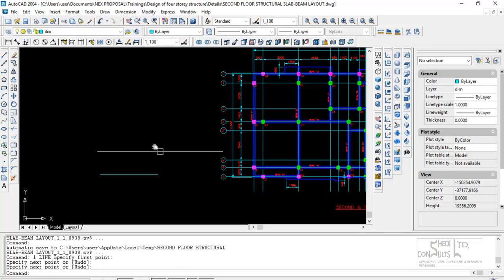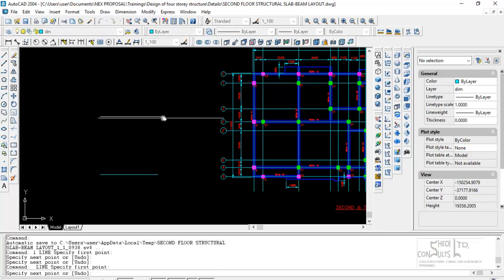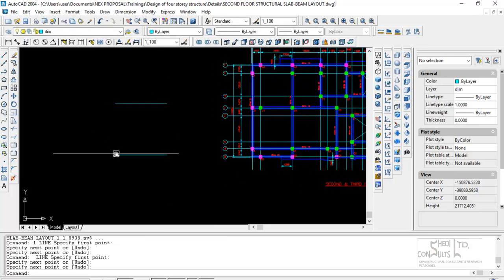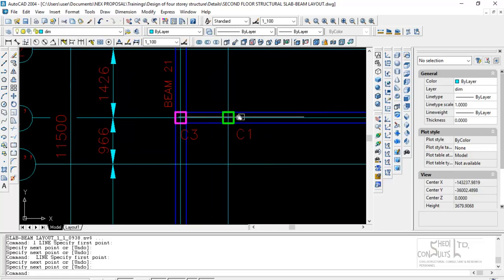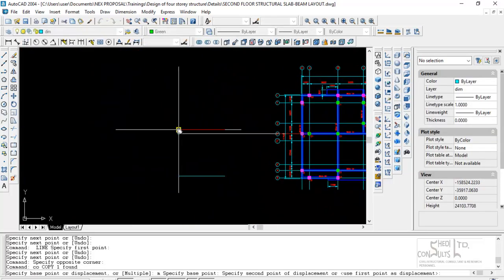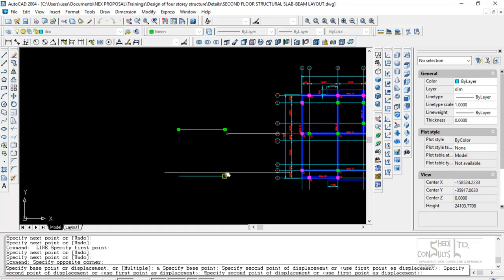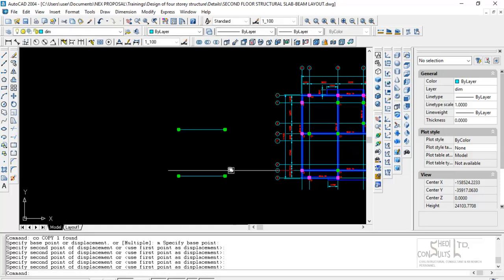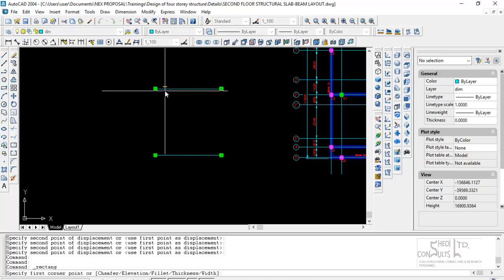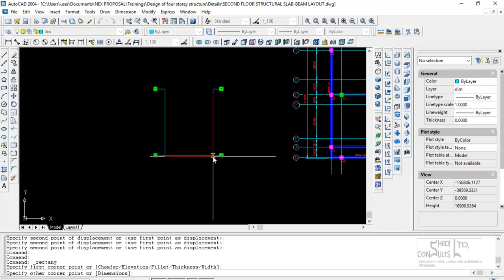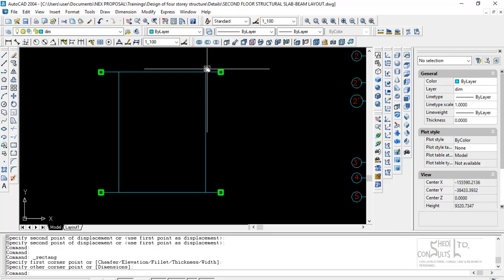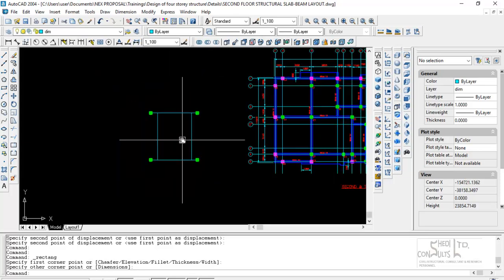If you have, for example, a garage, let's assume this is a garage and then say you have a slab there, this slab panel is a one-way slab panel in this direction.